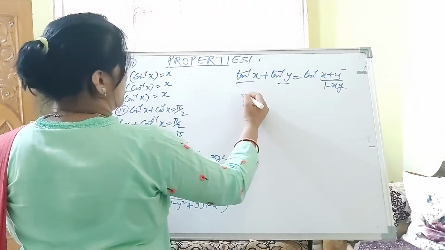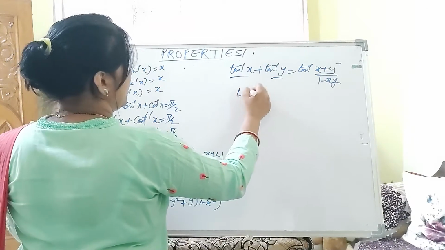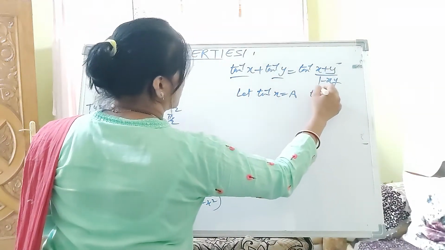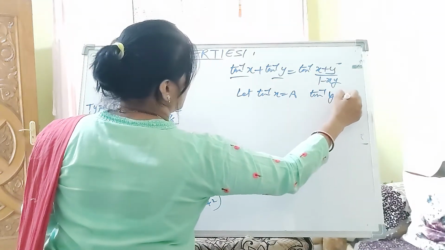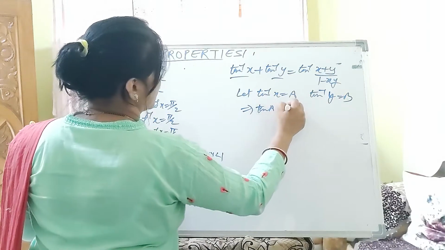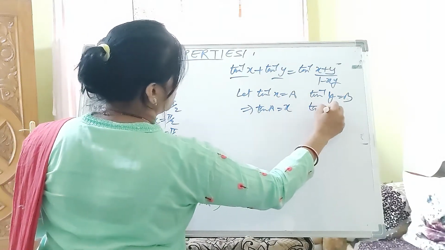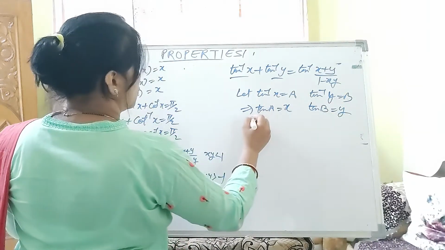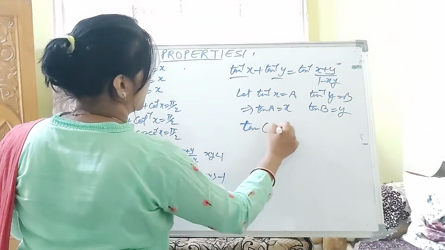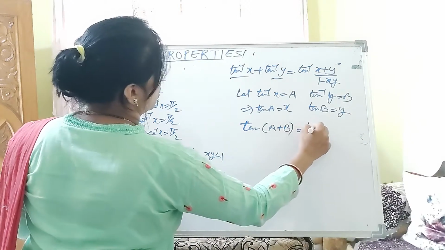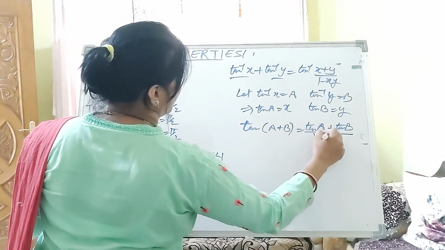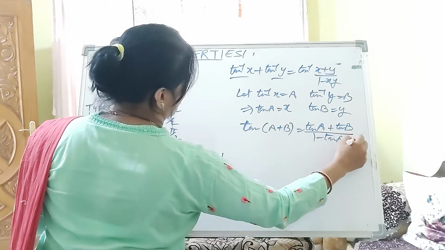Let us prove this. Let tan inverse x be equal to a, and tan inverse y be equal to b. This will give me tan a is equal to x and tan b is equal to y. Now tan of a plus b is equal to what? Tan a plus tan b upon 1 minus tan a tan b.